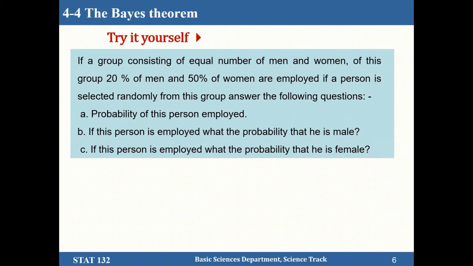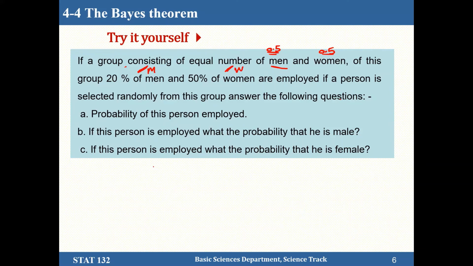If a group consists of an equal number of men and women, equal number means 50-50, so 0.5 and 0.5. Of this group, given men 20% of men, and given women 50% of women, are employed.